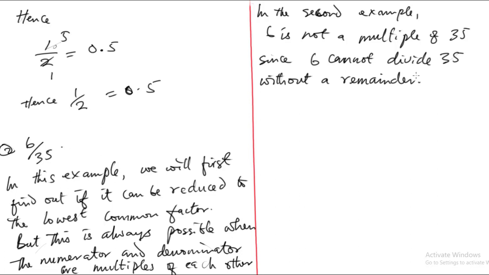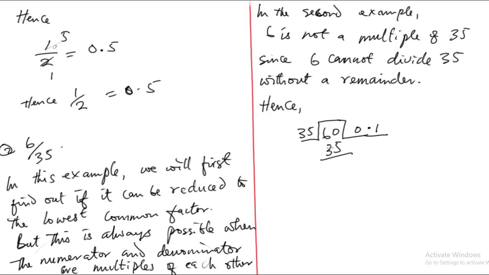So what do we do in this case? We draw our division box. Write 0, put a point, then make 6 a multiple of 10 by adding 0. 35 into 60 will give us 1.